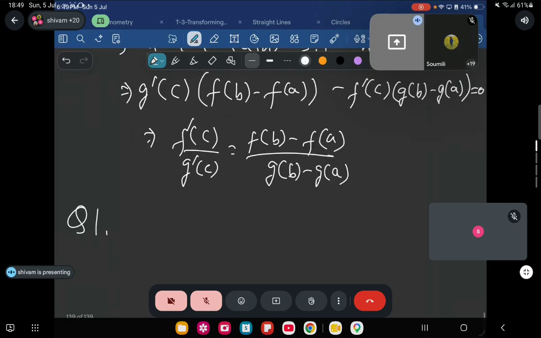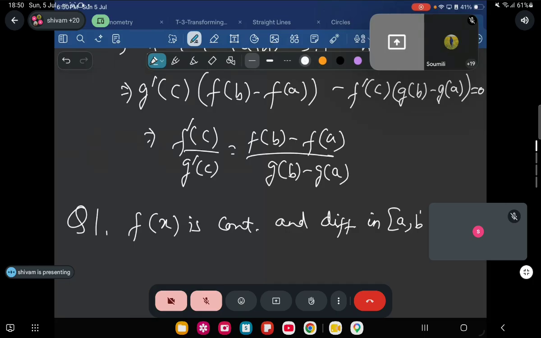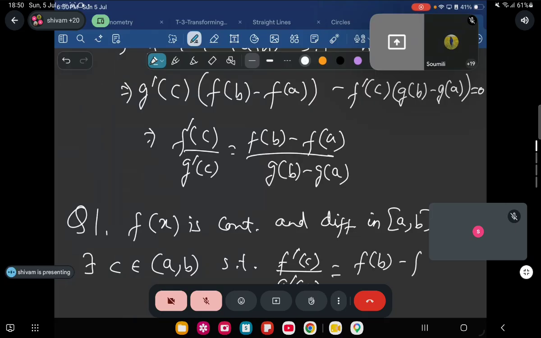Question number 1. f of x is continuous and differentiable in the closed interval [a, b]. Prove that there exists some c belongs to (a, b) such that f dash c by g dash c is equal to f of b minus f of a upon b cube minus a cube.